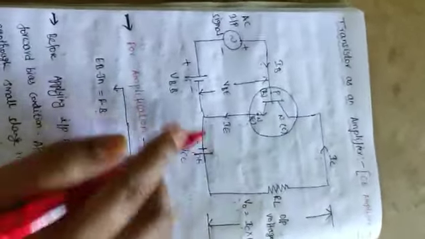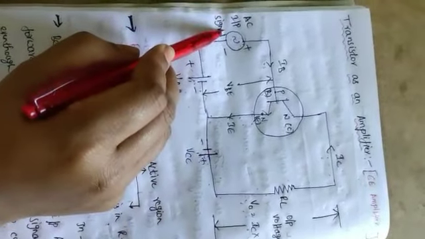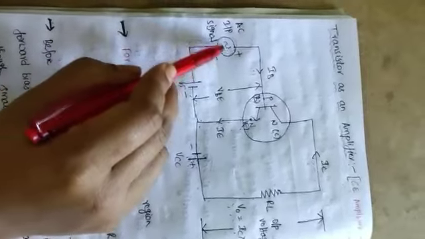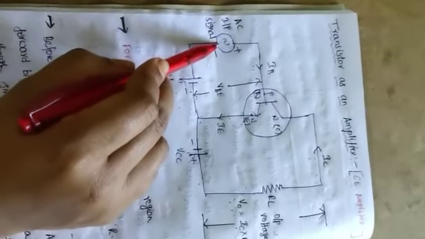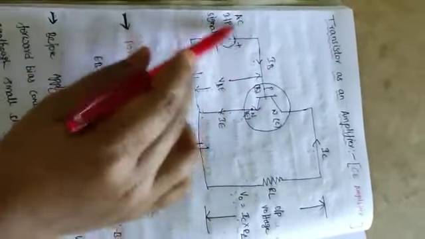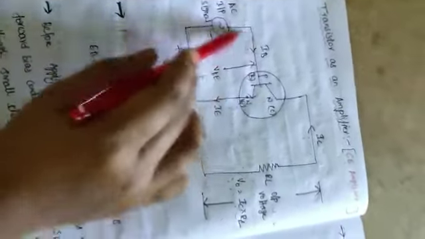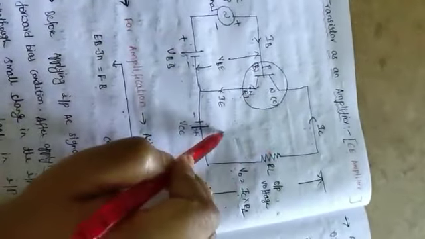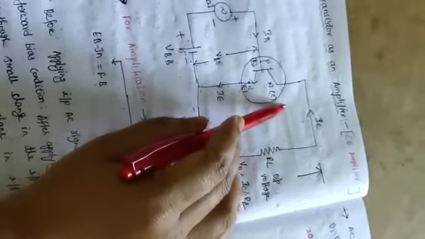The input AC signal, which is the signal we want to amplify, is connected between base and emitter. So the base-emitter part is the input side, or input section, and the collector-emitter side is called the output section.